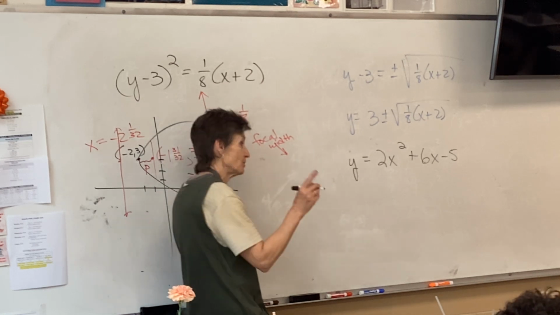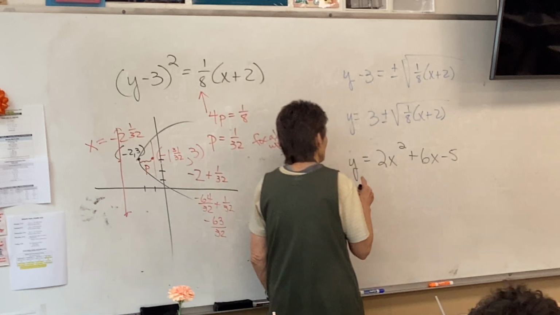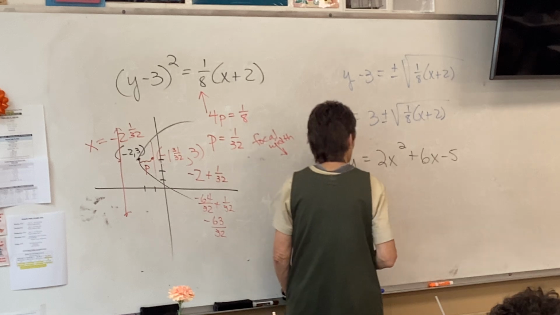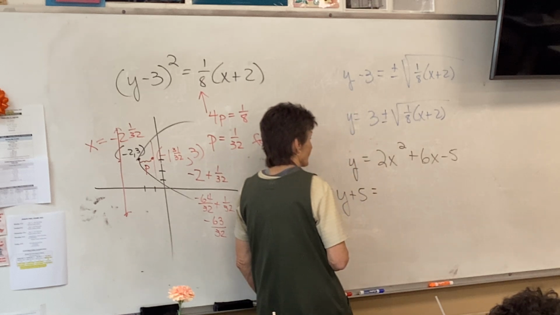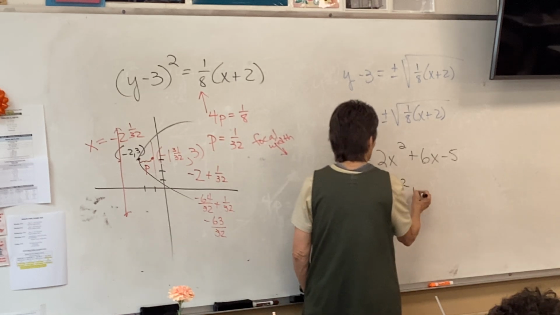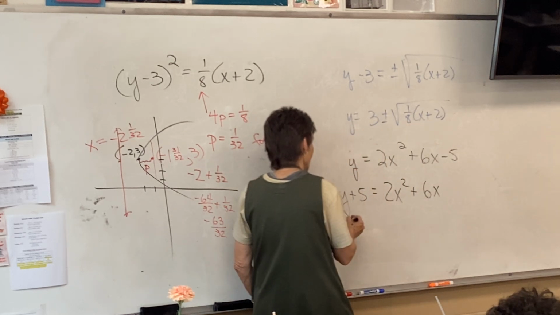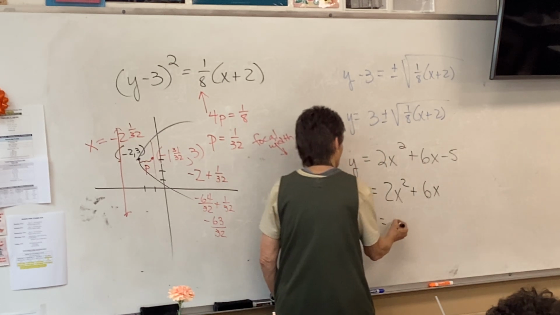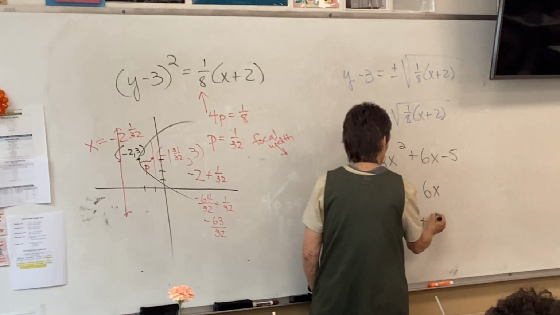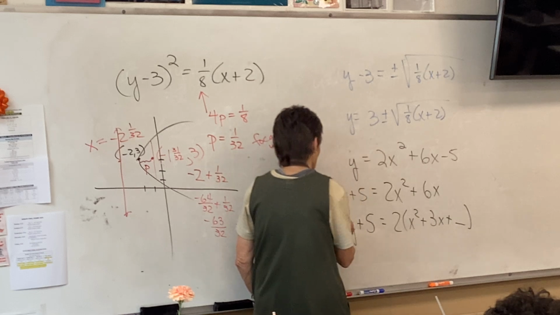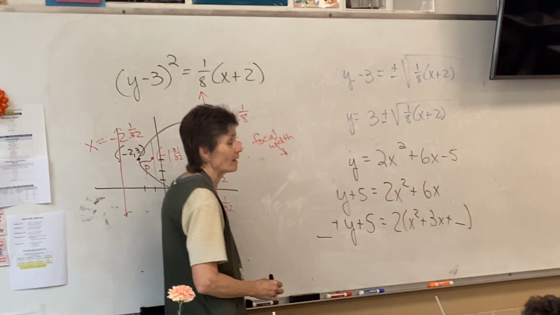So here's what we're gonna do. I want you to add the 5 to the other side. Factor out the 2. And we're gonna complete the square.